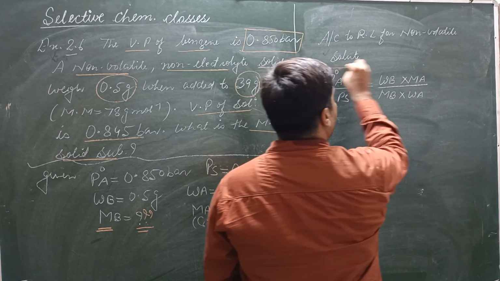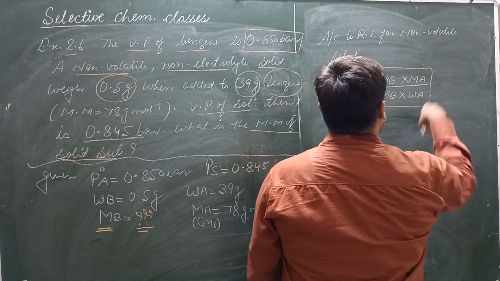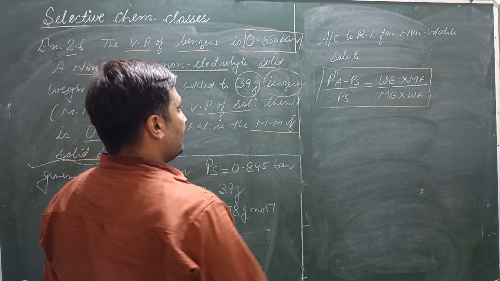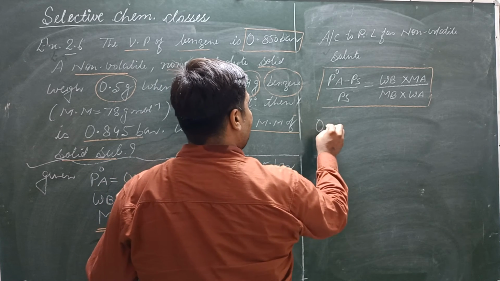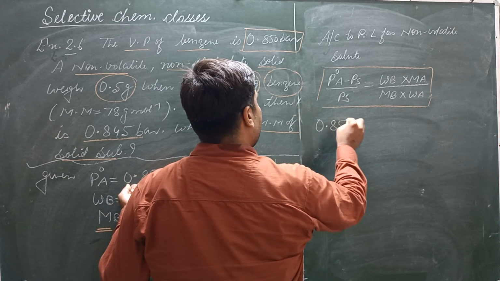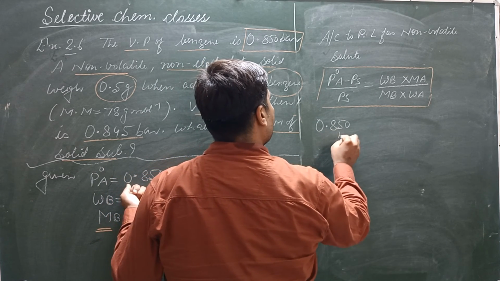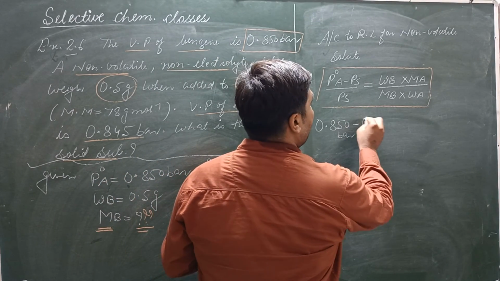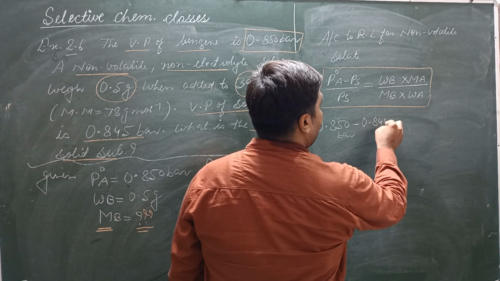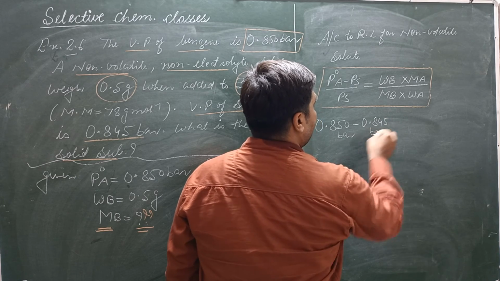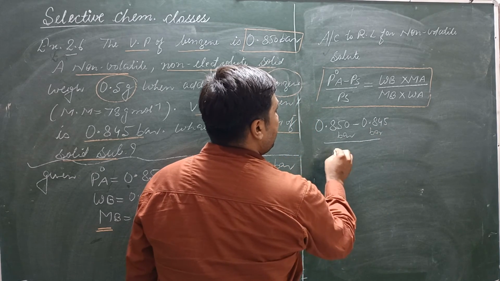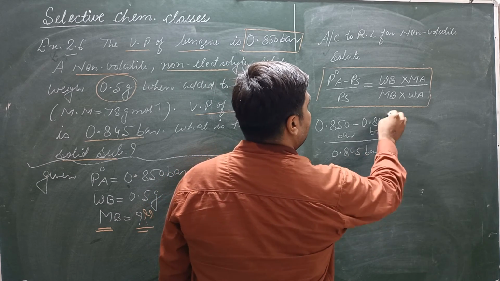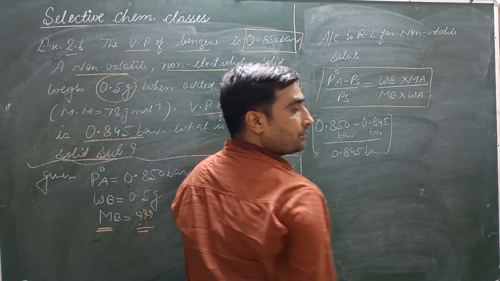This was the formula given to us. So let's apply. P naught A must be greater than PS. It is 0.850 bar minus 0.845 bar divided by 0.845 bar. This is the relative lowering of vapor pressure.